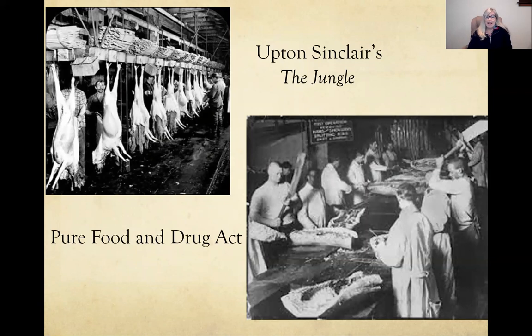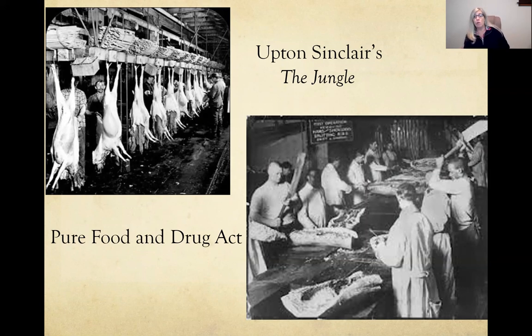And so as that was shown in the research that was done by the government, Theodore Roosevelt and other lawmakers were demanding that there be some sort of regulation. So as a direct result of Upton Sinclair's book, The Jungle, we get the law, the Pure Food and Drug Act, that requires certain standards be maintained in every facility that is producing food for human consumption.